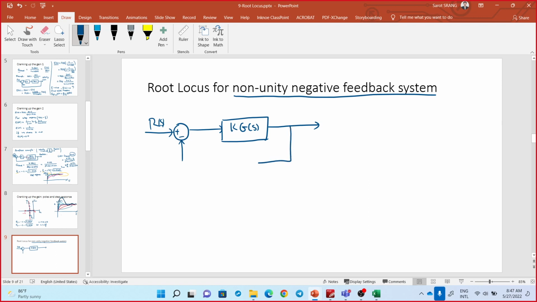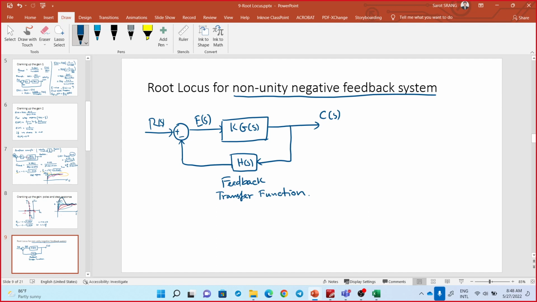And for the feedback, you have another transfer function like this. This is called the feedback transfer function.